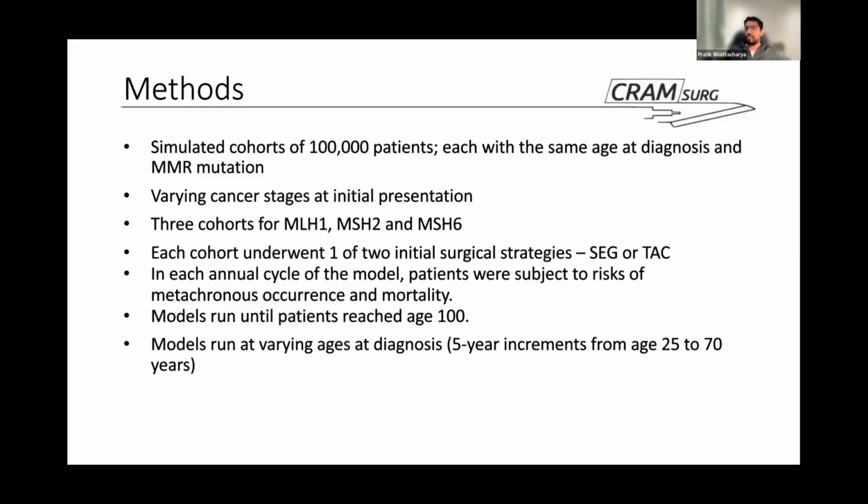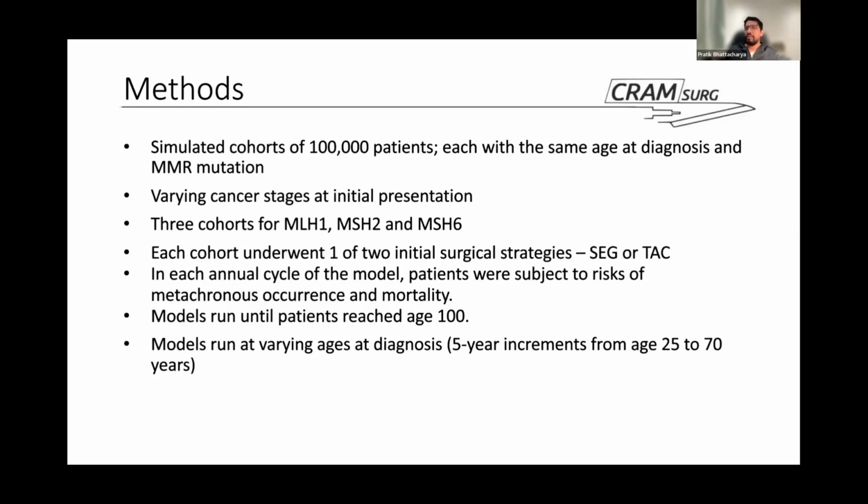So you've got 6 groups already. Each of these groups was subjected to an annual cycle in this model. And in this annual cycle, patients were subject to risks of having metachronous occurrence and mortality. The models were run until the patients reached the age of 100, and the models were run at varying ages of diagnosis, starting from the age of 25 to the age of 70 years. So 10 different start ages.